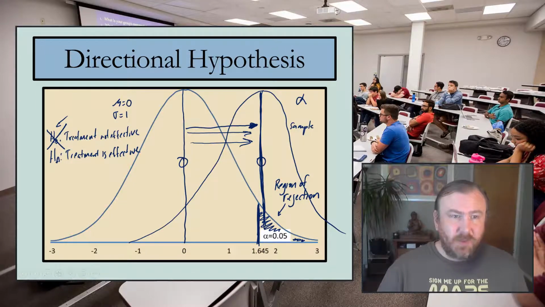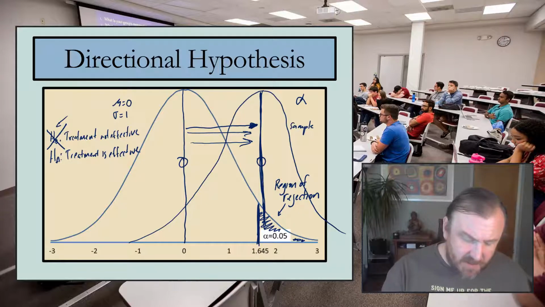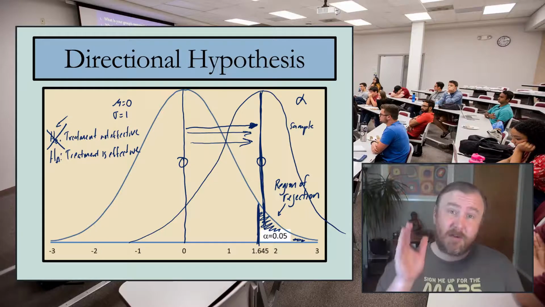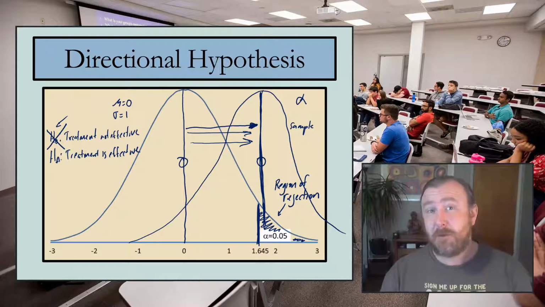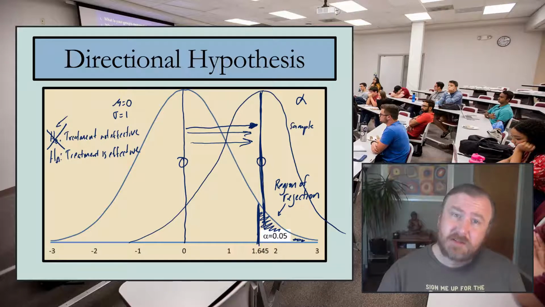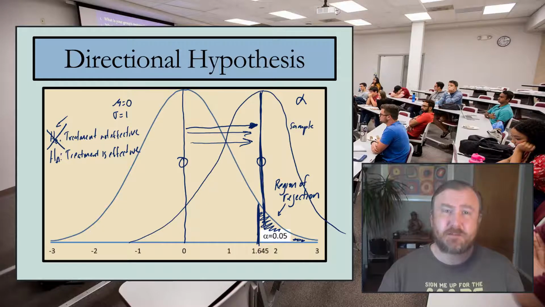Okay. Now, let's look into this region of rejection with a little more specificity. So what's on this slide is, if you look it up in your area under the normal curve table, you will see that the z-score that cuts off 5% in the tail is 1.645.